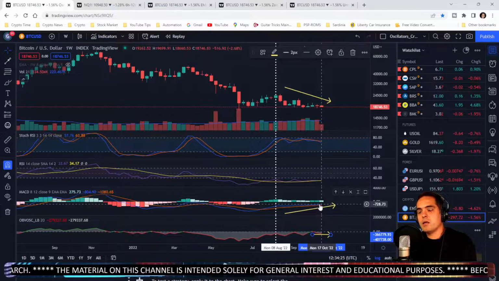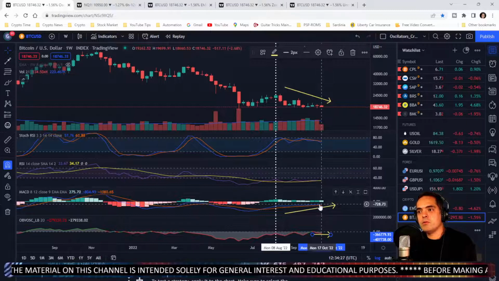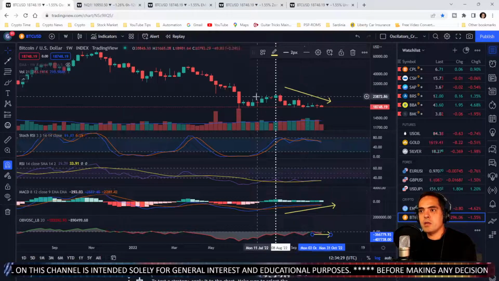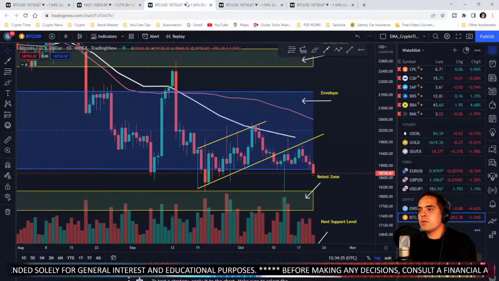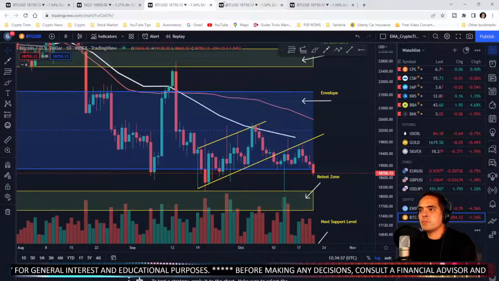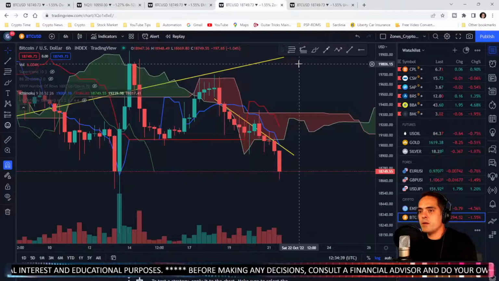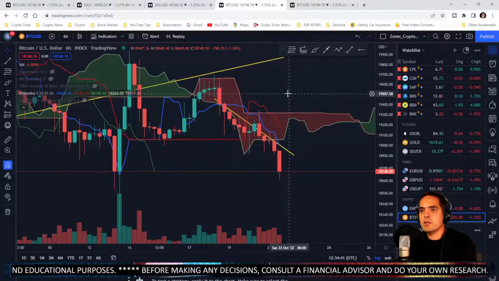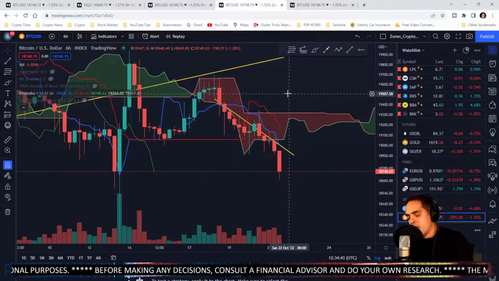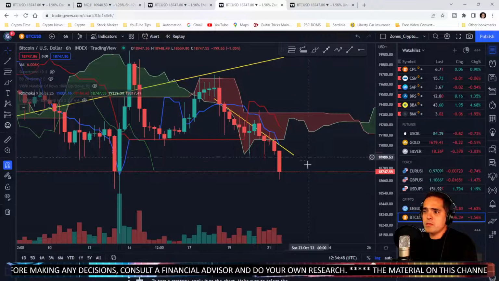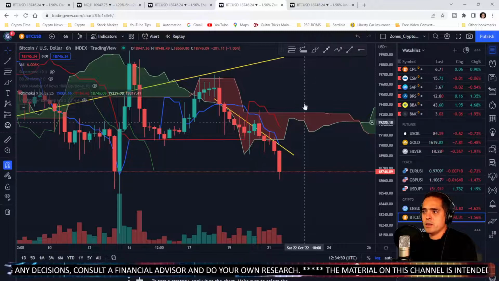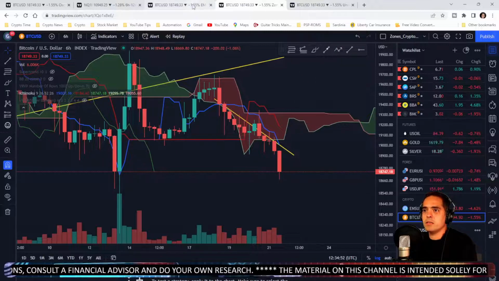So that's the importance of using different indicators. You don't need to use many of them, but with some of them we can better understand the next movements and do our own strategy. So the price is moving down, and that's the reality.